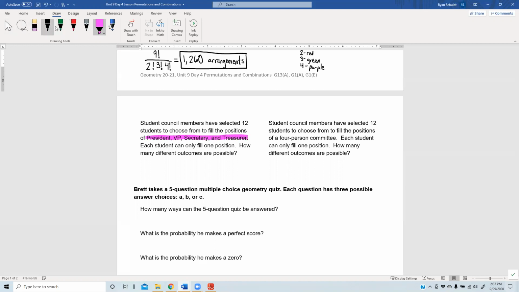So right there, what does that tell you? This tells us that order matters. If you get picked for president, that's different than getting picked for vice president. Order matters. And then it says each student can only fill one position. So we draw without replacement. So I'm just going to say without replacement.